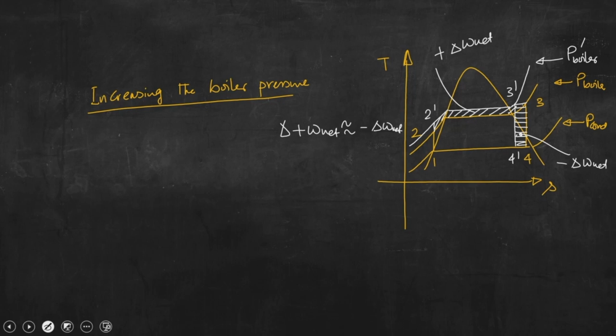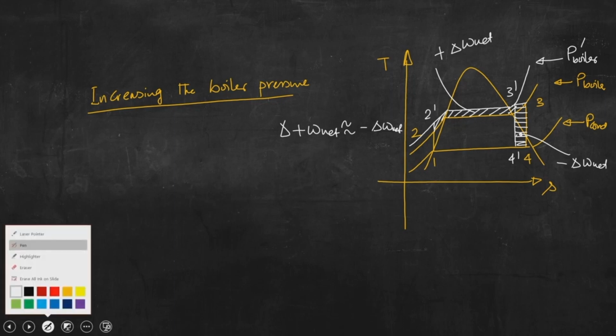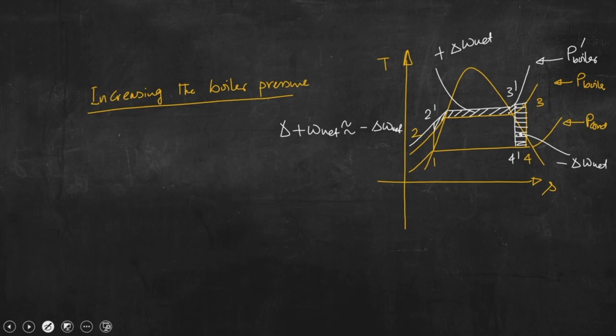There is no additional effect, but if you look at the state diagram carefully, you will find that by allowing the boiler to be operated at a higher pressure, we are going to reduce this, which is delta Q out.